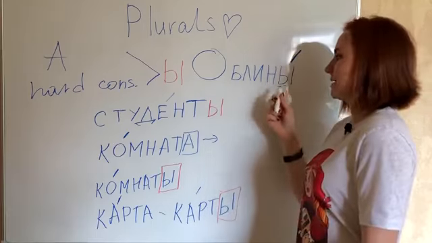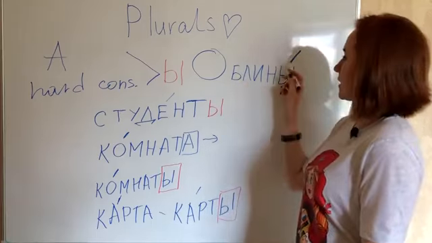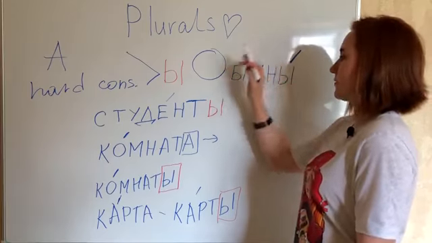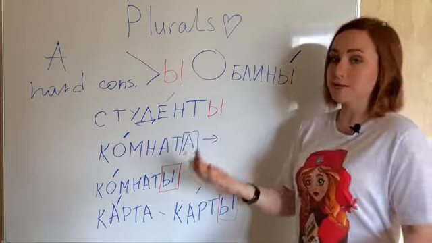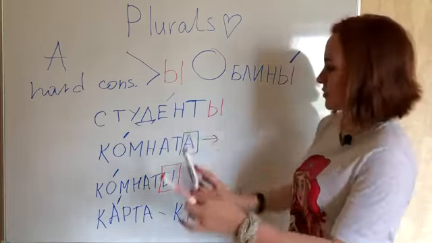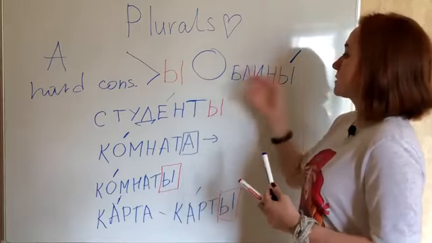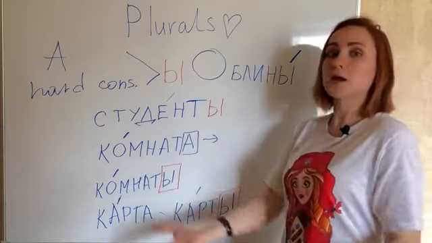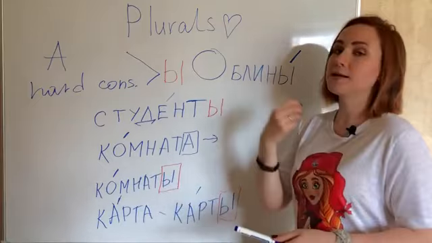Блины. Pay attention that stress kind of jumps here because we didn't have any stress here. Блины. I will tell you about stress a little bit later. There are several situations with this. So, блин, один блин, and many pancakes, блины.